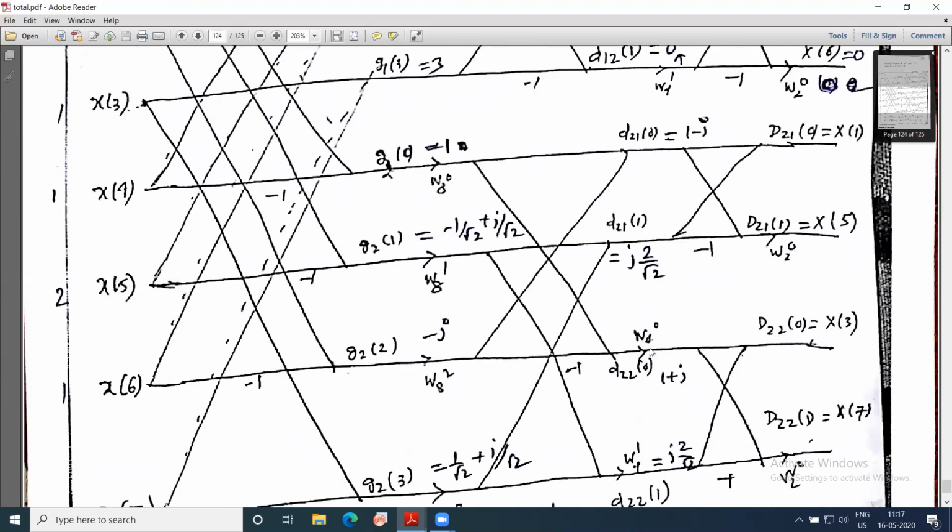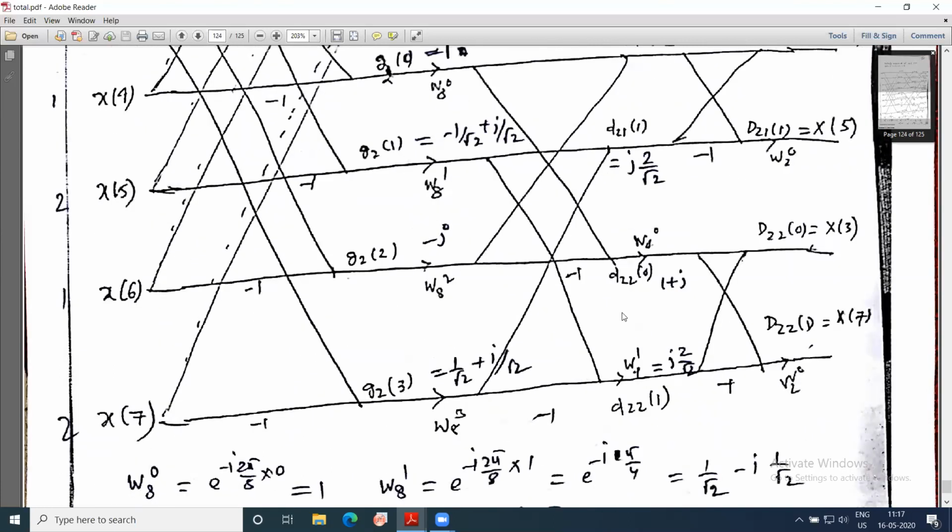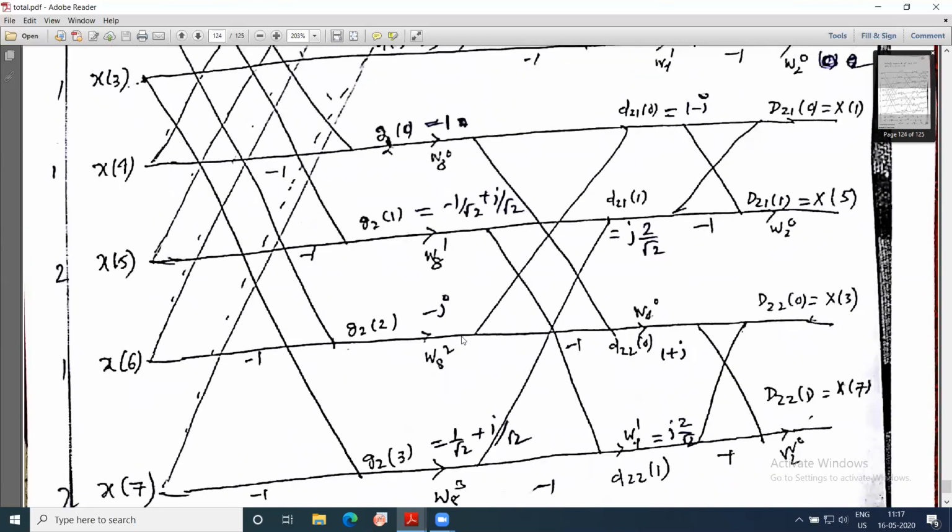Similarly, if you calculate all these things, like this one, if I see 1, this is equal to minus j, and this is minus 1, this will be 1 plus j, right? And this is equal to this and this. If you look at this, this is also j times 2 by root 2, because this is coming here and this is coming here with a negative sign.